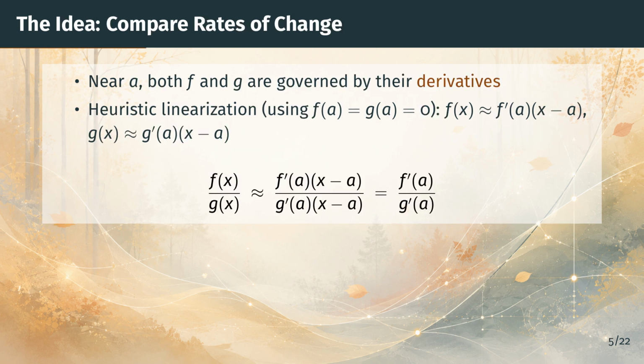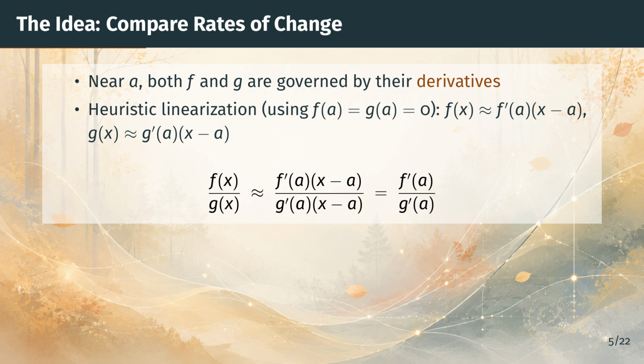Here is the guiding idea. If both functions vanish at a, then near a, each one is controlled by its rate of change, its derivative. Replacing each function by its tangent line approximation, the numerator is roughly f prime of a times the quantity x minus a, and the denominator is roughly g prime of a times the same quantity.